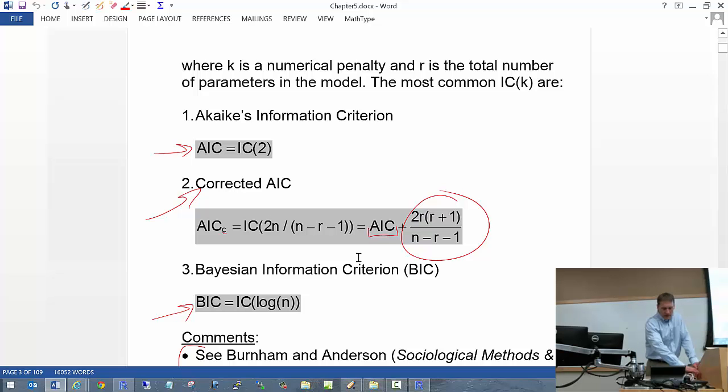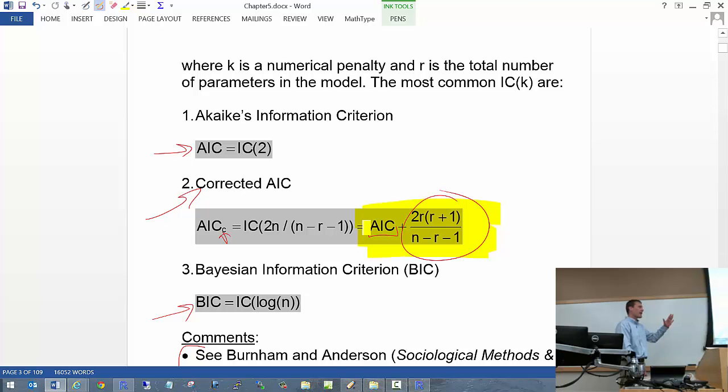Now notice in this expression here, for the corrected AIC, you can actually rewrite it so it's the AIC plus something else. So what's going to happen as your sample size increases and you keep your number of variables in your model fixed?